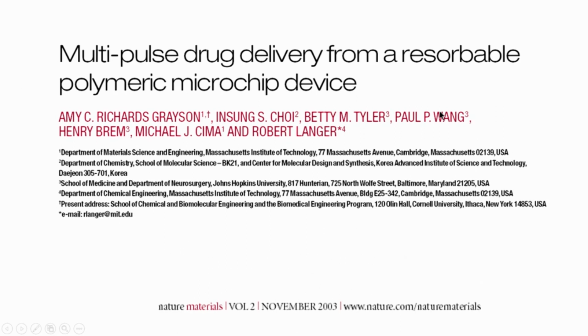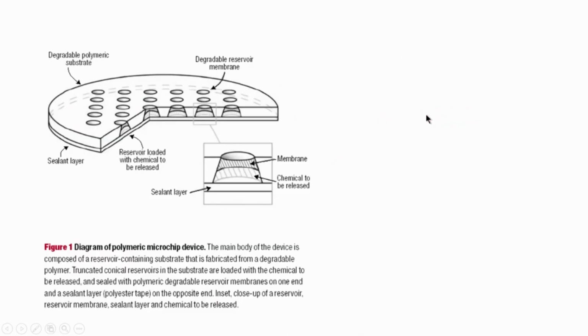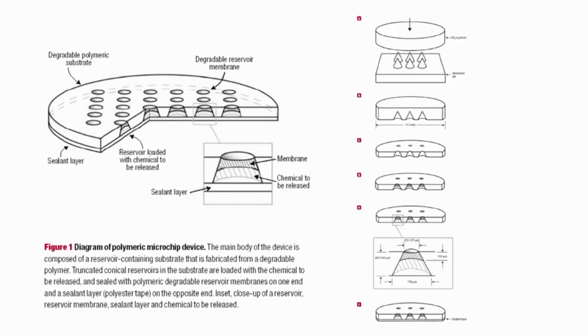Instead of relying on current, you can put in membranes which degrade over time by themselves in the presence of water, and this is a paper describing that. What they have done is the same thing. They have made some reservoirs and then capped these reservoirs.